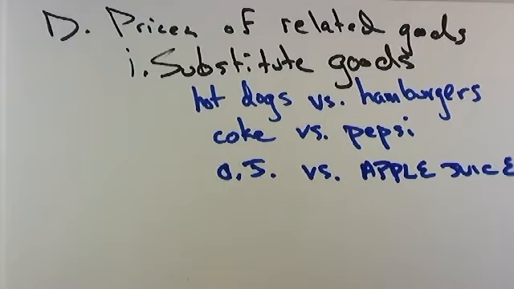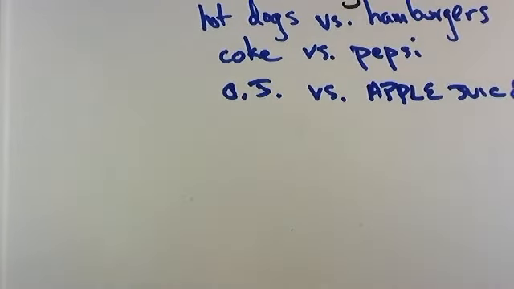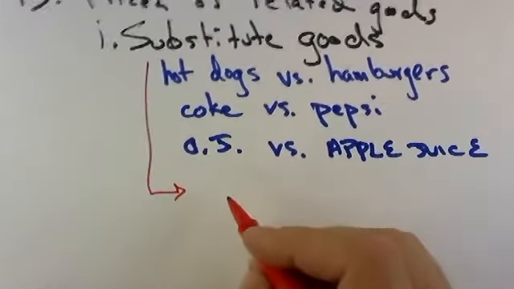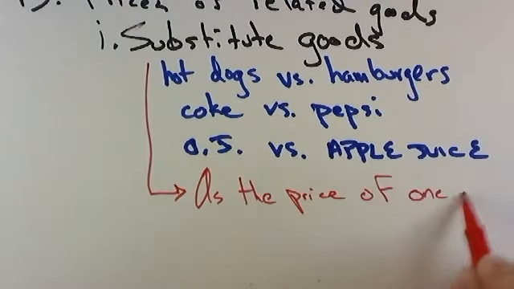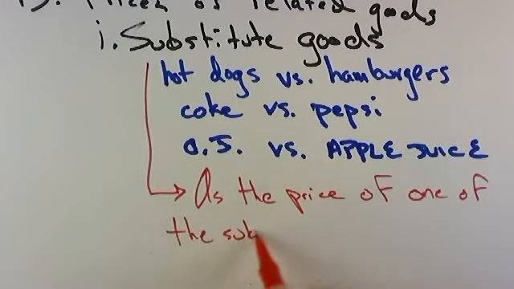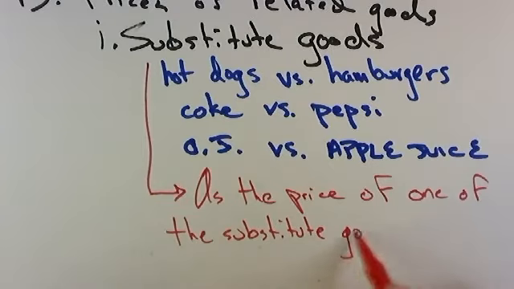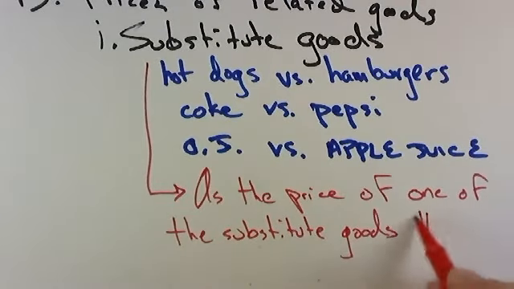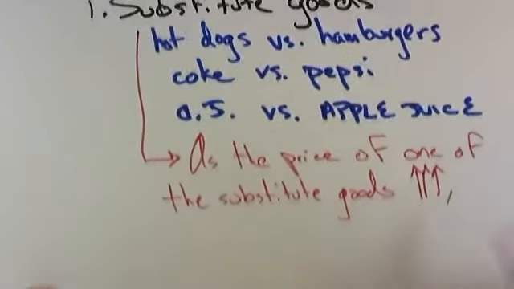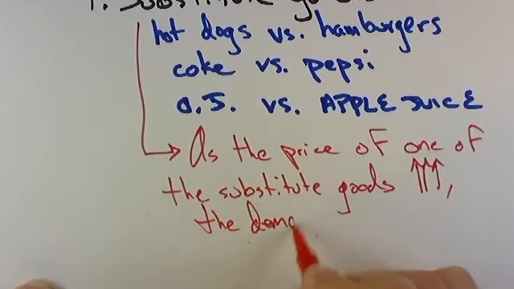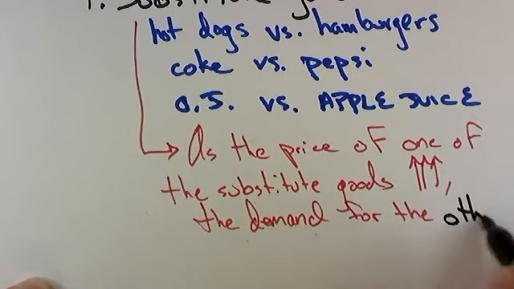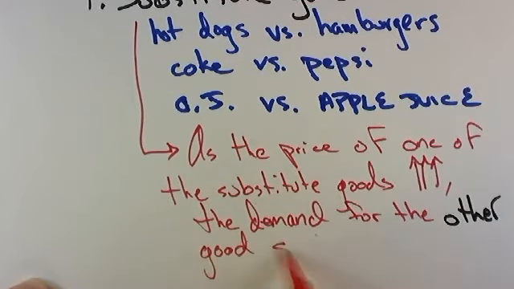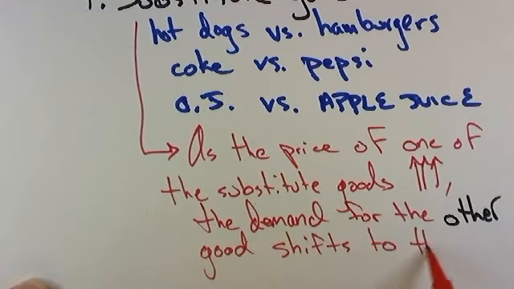And so what happens is, as the price of one of the substitute goods increases, the demand for the other good increases, shifts to the right.